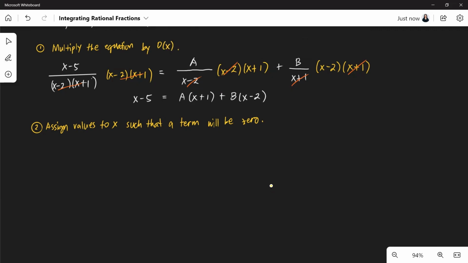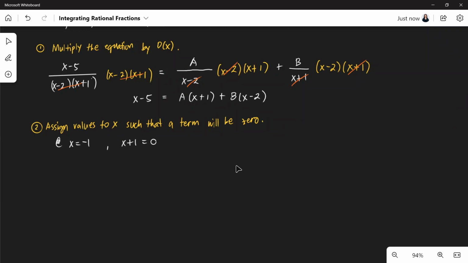So again, x plus 1 becomes 0 if x is equal to negative 1. So at x equals negative 1, x plus 1 is equal to 0.